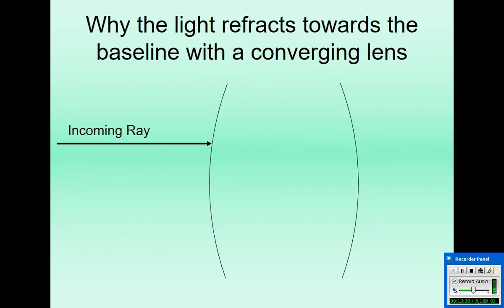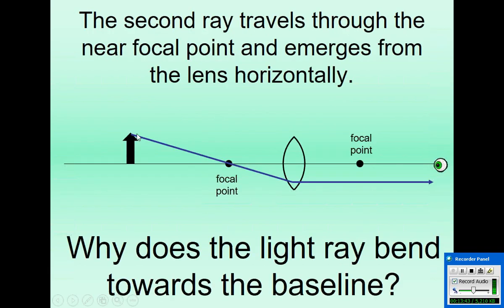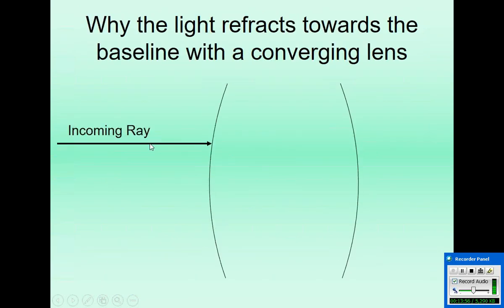Now, you might have noticed that the light refracts towards the baseline. So we saw that the incoming ray of light was getting farther and farther away from the baseline until it impacted the lens, and the lens brought it more towards the baseline. That's why it's called a converging lens. And again, we obey Snell's law.